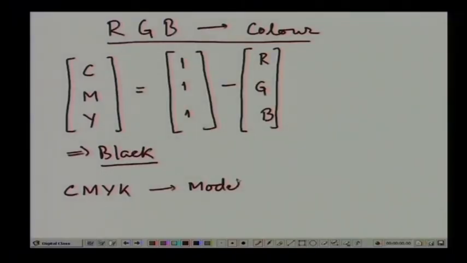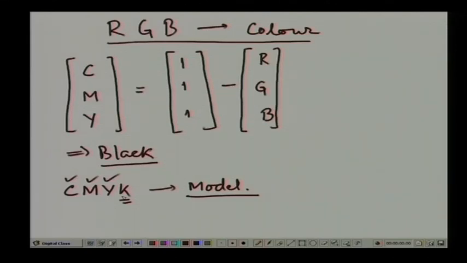When we also specify the black component, we get another color model, the CMYK model. The cyan, magenta and yellow are the same as in the CMY model, but we specify an additional color which is black, giving us the CMYK model.